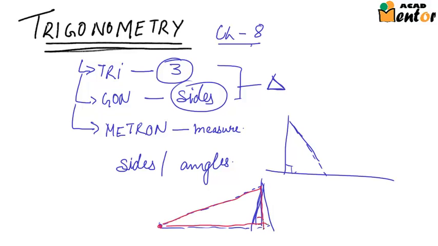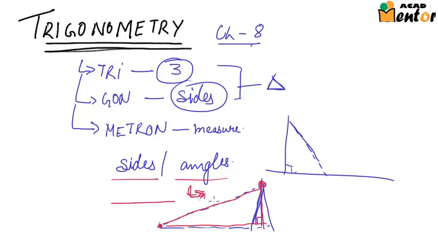Now the top of the Qutub Minar could have been a bird or an aeroplane or just a planet or any other celestial body. So we see that the right angle triangle has a lot of applications in our daily lives. So it's very important to study the right angle triangle, and trigonometry does just that. So trigonometry is the study of sides and angles, specifically of a right angle triangle.